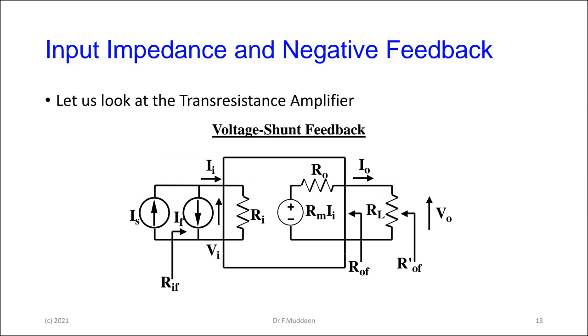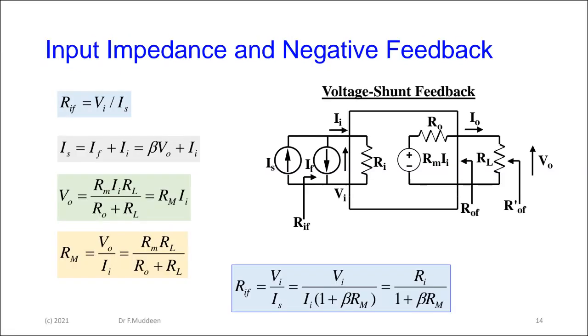With shunt feedback, if we're feeding back current, the input part of the circuit here is Norton. We're sampling voltage on the output, so the output is a Thevenin output, but with a Norton type input. If we do the analysis again, as far as this source is concerned, this current source is sending a current IS into the device, and the input resistance will be VI over IS.